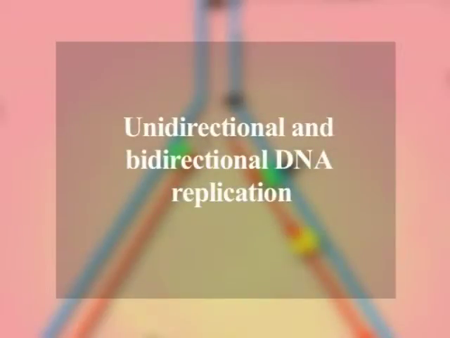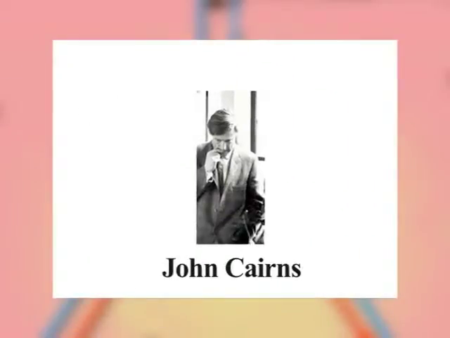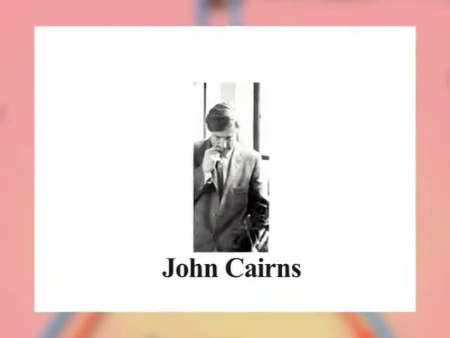Unidirectional and bidirectional DNA replication. According to John Cairns, the DNA synthesis starts at a fixed point on the chromosome and proceeds in one direction. It was subsequently realized that Cairns' results could be interpreted in terms of bidirectional replication also.